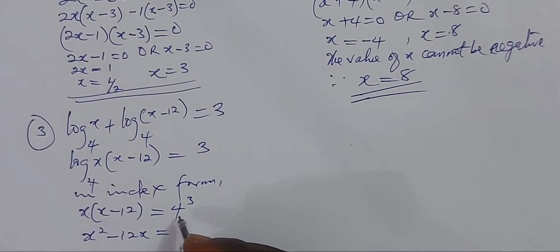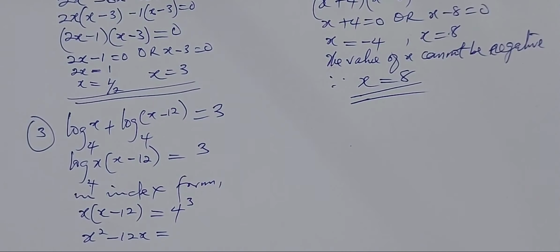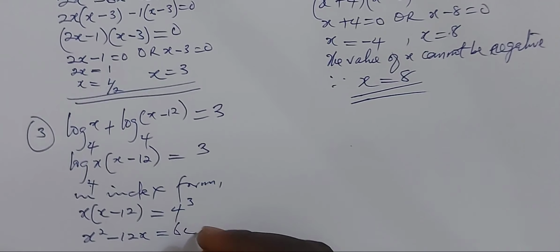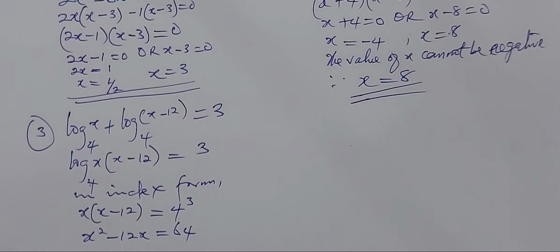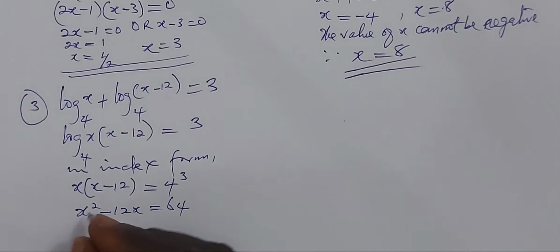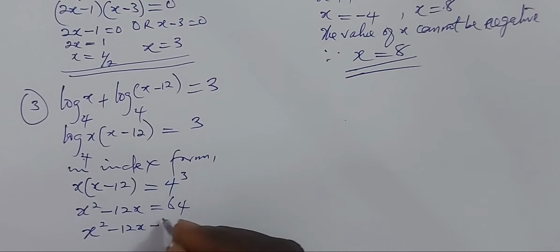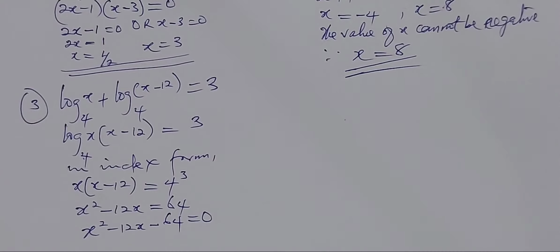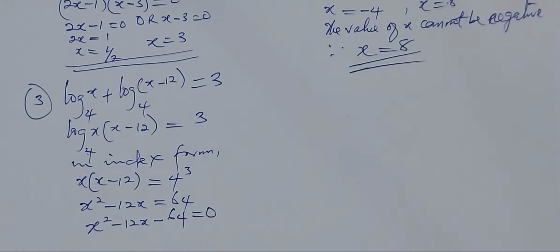What is that? 4 times 4 is 16. 16 times 4 is 64. So we have our 64 here, which we can change to a proper quadratic equation. So we have x squared minus 12x minus 64 equals 0.